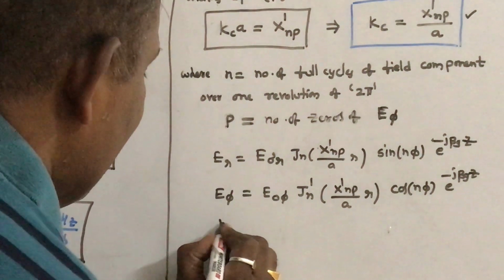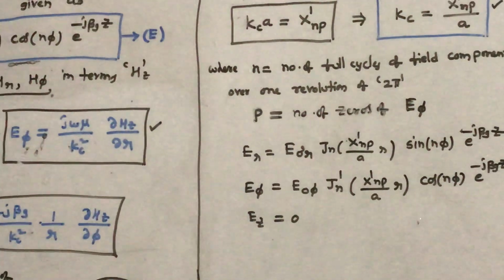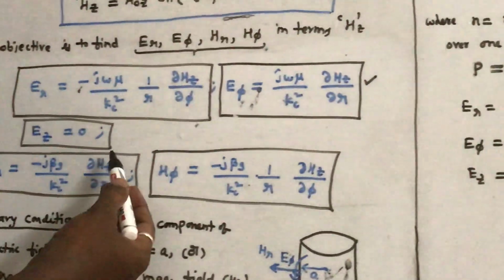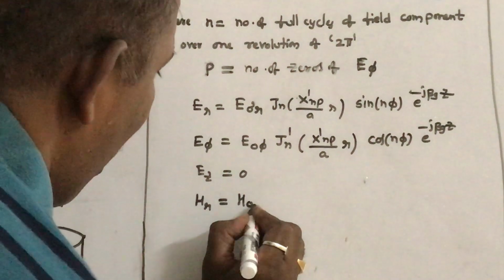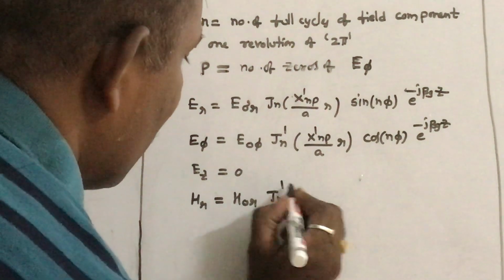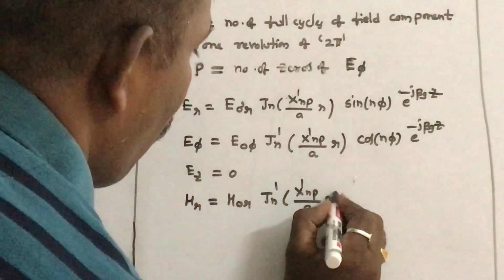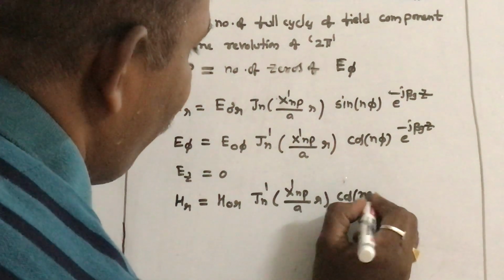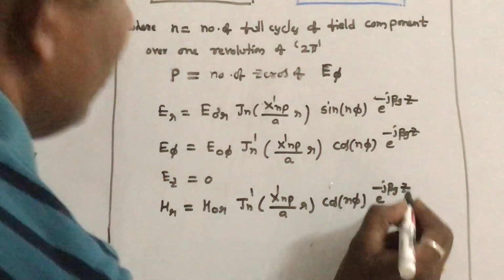So what is Ez? Ez is equal to 0 because it is a TE wave. Finally, what is HR? HR is ∂Hz/∂R. So HR is written with amplitude H0R, Jn dash of x dash np by A into R into cos nφ into e power minus jβg into z.